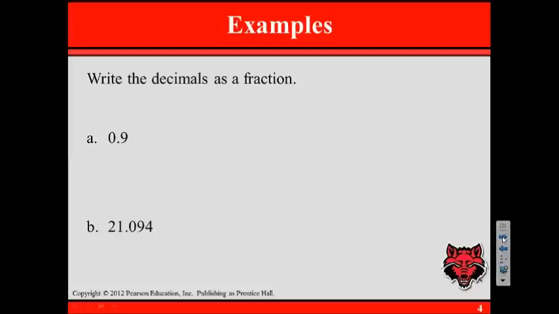So let's try to write decimals as a fraction. And the way we will do that, it's very important to know how to read the decimal, to know what decimal place we are ending the number in. So I'm going to underline the 9. And we know that the first place to the right of the decimal is called the tenths place.